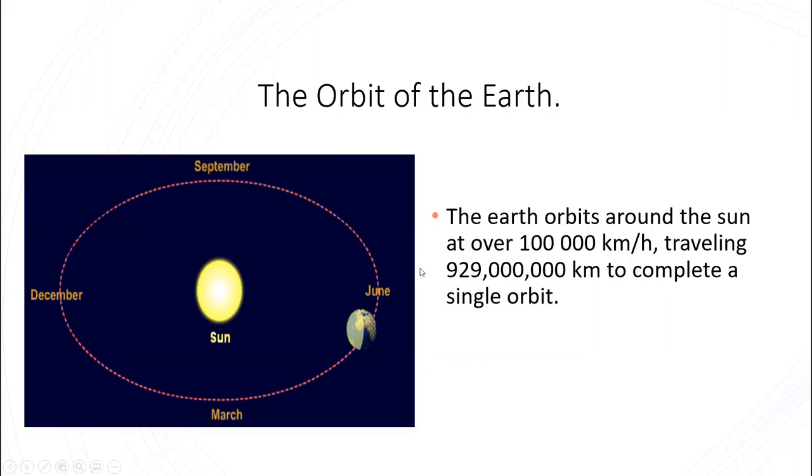And it travels that amount of kilometers to complete the whole orbit. It's 929 million kilometers, something like it. And the Earth is at different places depending on if it's June, September, December, March, right? So that's how it is.